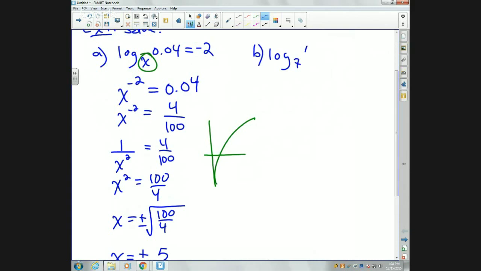So let's try the log of 3x minus 5 base 7 equals the log of 16 base 7.